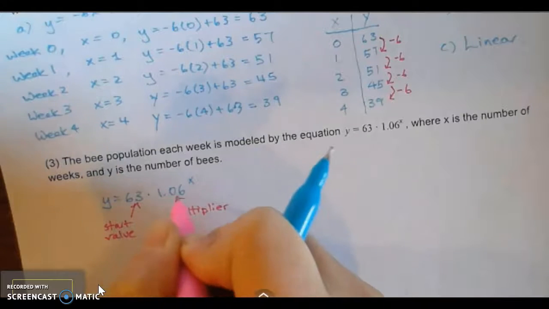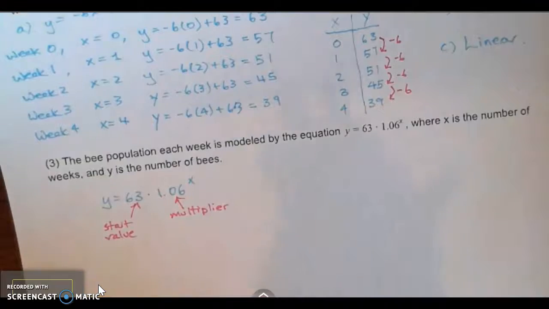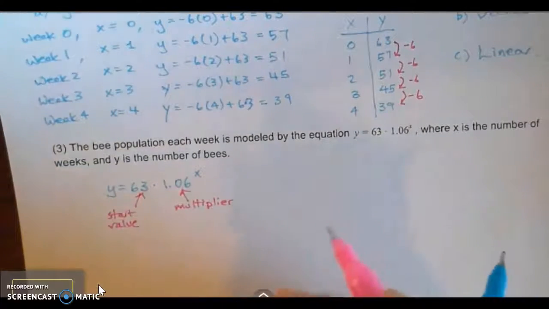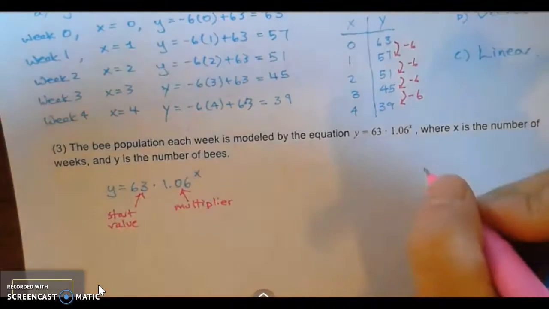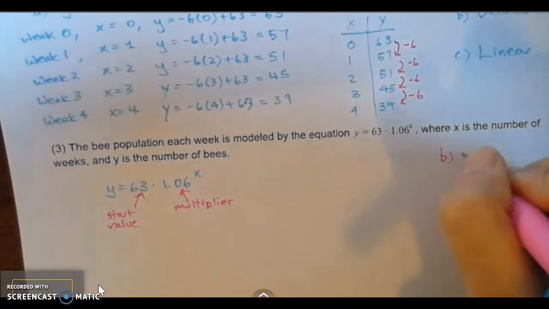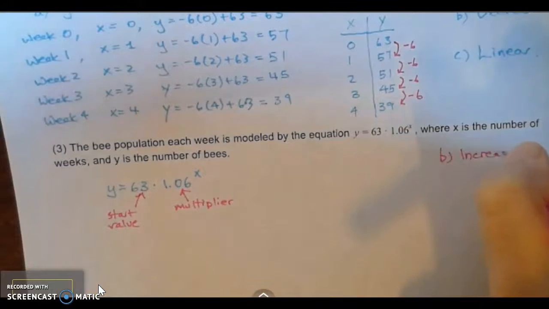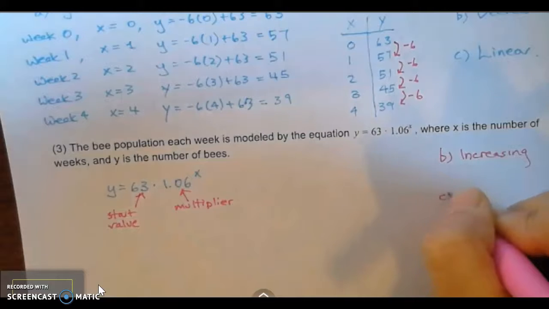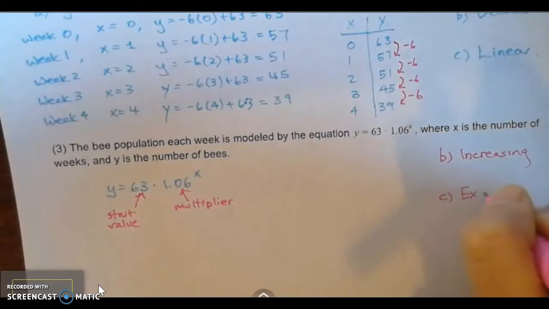That means it's a number bigger than 1. When you multiply by a number bigger than 1, the number is going to get bigger. Okay? So straight away, we know that for B, it's going to be increasing. And C, it is going to be exponential growth.